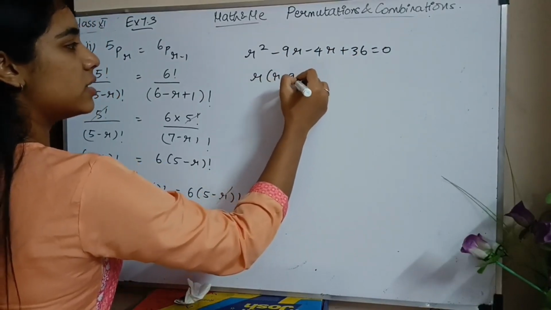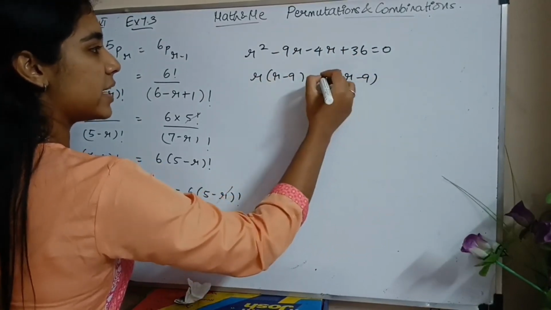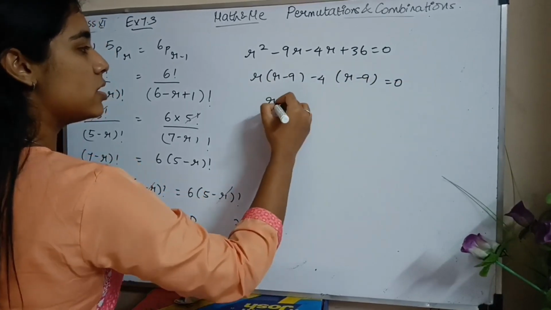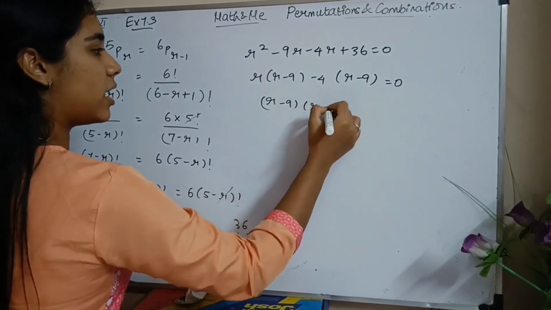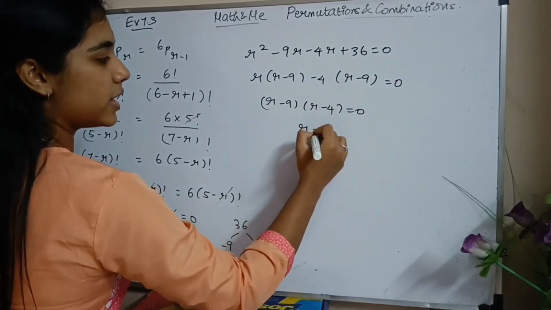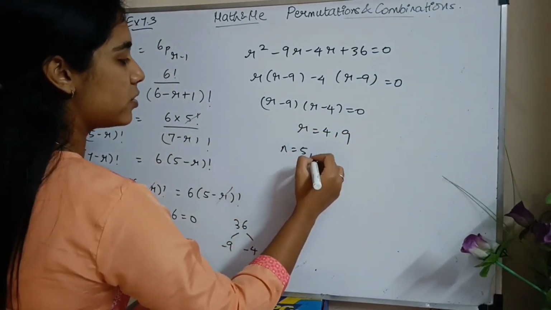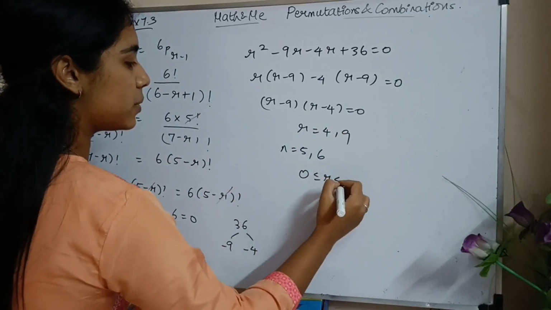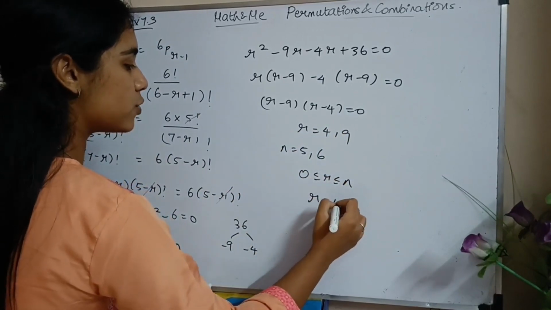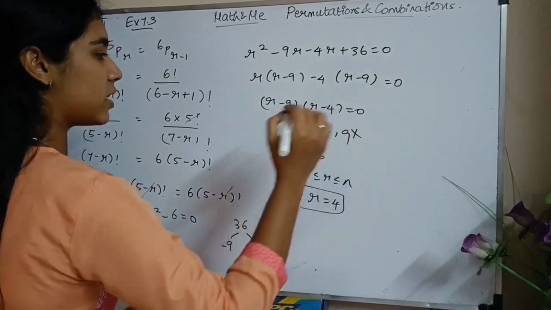Taking r common: r(r minus 9) minus 4(r minus 9) equals 0, so (r minus 9)(r minus 4). So r's value is 4 or 9, but my n value is 5 or 6, and r has to be between 0 and n. So r equals 4, rejecting 9.